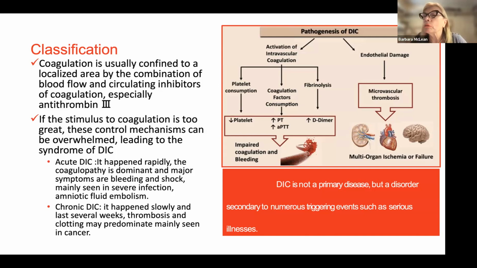They're not responding to a particular injury. They are just clots, clots, clots everywhere, typically in the microcirculation. So the very first thing to remember about DIC is that you are activating coagulation, okay? Because you're activating coagulation, primarily in the vessels, you're going to consume your clotting factors because you're making so many clots.